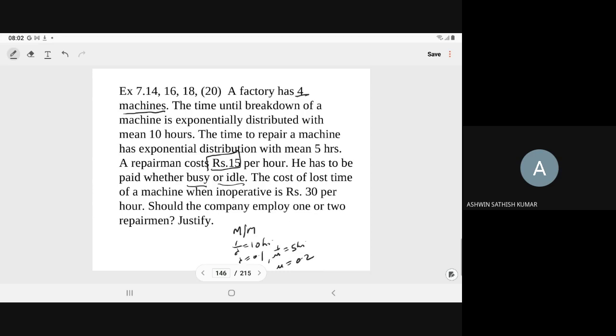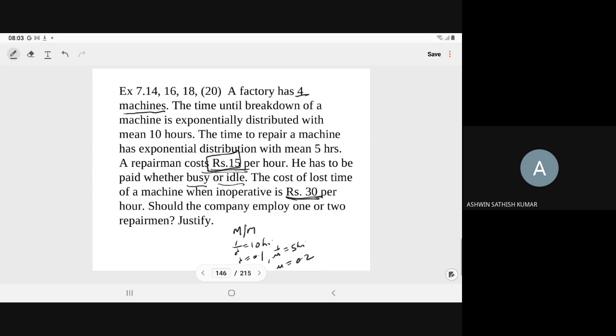The cost of the lost time of a machine when inoperative is rupees 30 per hour. So the first one is given as the service cost, and this is given as the waiting cost. If the machine is not functioning, the factory has to bear this much waiting cost.